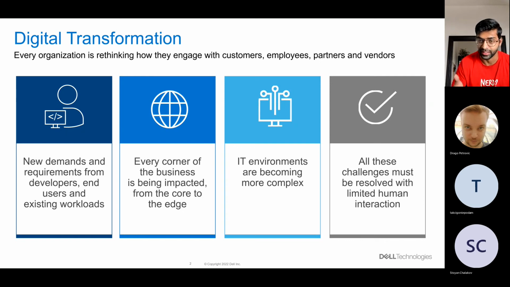Today is an era of automation, so you try to automate as much as you can, so that nothing critical or repetitive that has the potential for error is left to human error. You want to save your time, drive up your efficiency, and reduce human errors. So all these challenges must be resolved with limited human interaction.